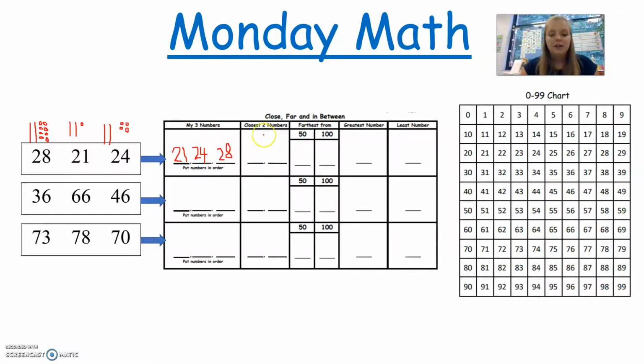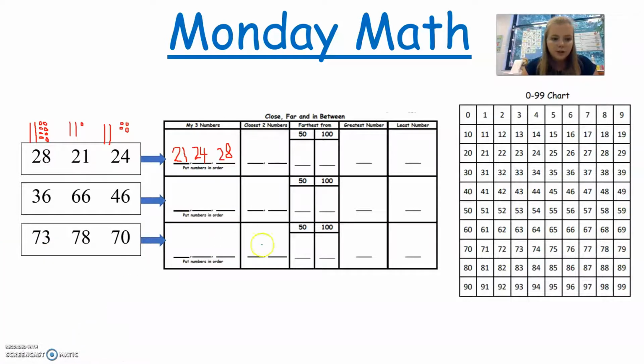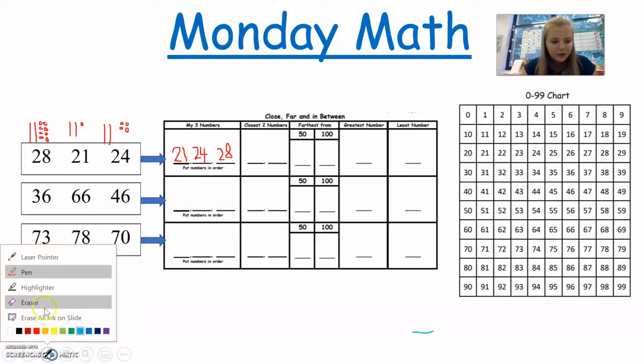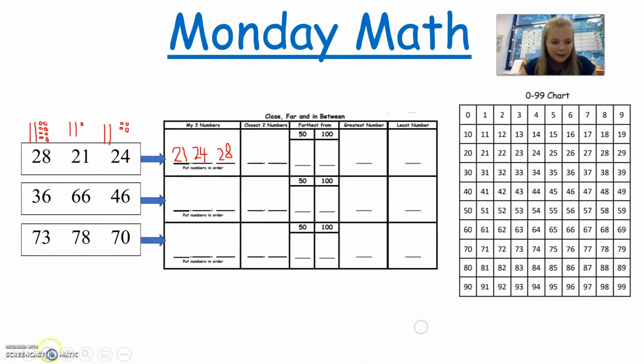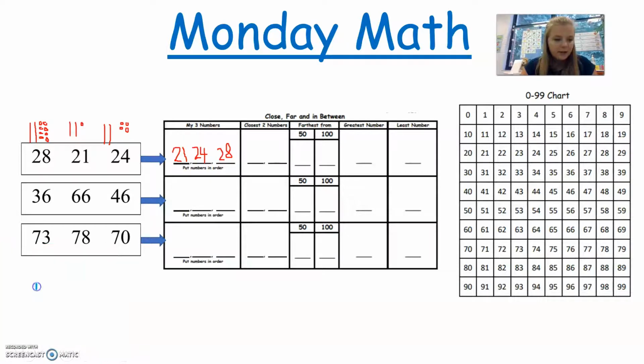Alright, closest two numbers. It wants to know which two numbers are the closest. So for this one, let's look at our hundreds chart. Let's use our 99 chart. Where is my pen? Oh, it's down here. Uh-oh. Let's erase that line. Okay, so I'm going to use my hundreds chart.